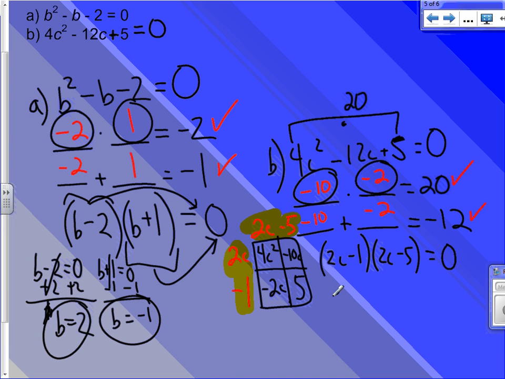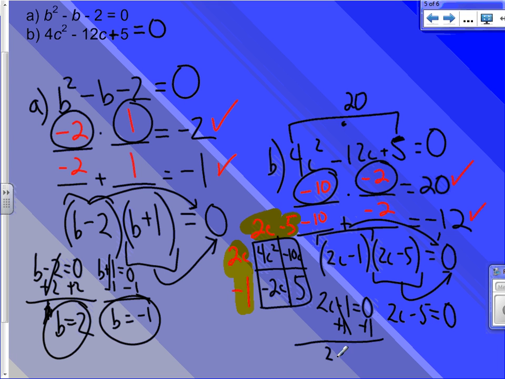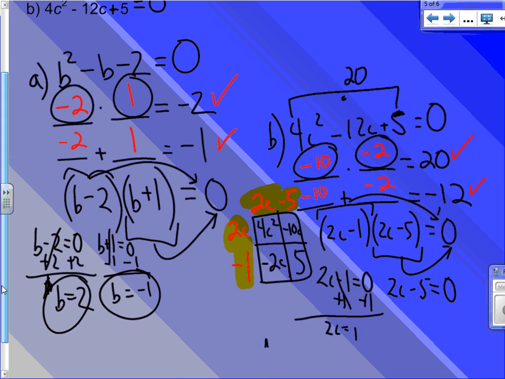Now we're going to set each piece equal to 0, and solve each baby equation for c. 2c minus 1 equals 0, so we're going to add 1 to both sides. Where's my extend button? I have no extend button anymore. Maybe I can still scroll down a little bit.